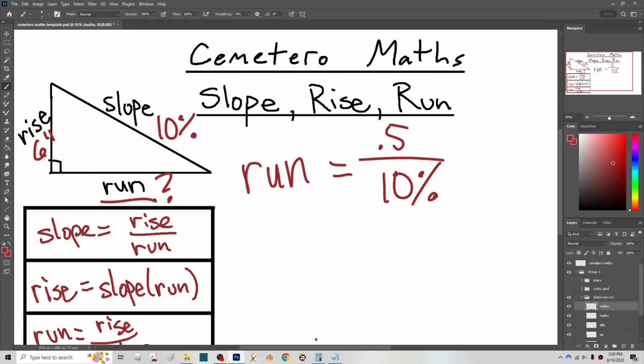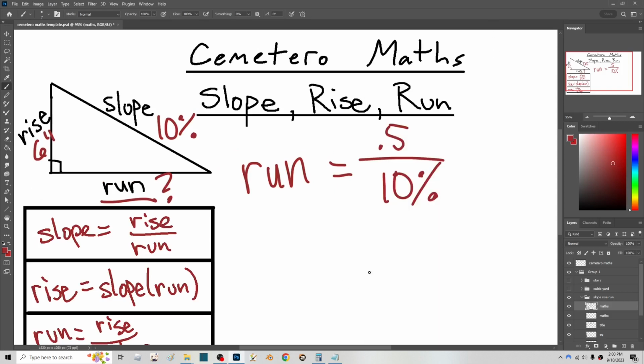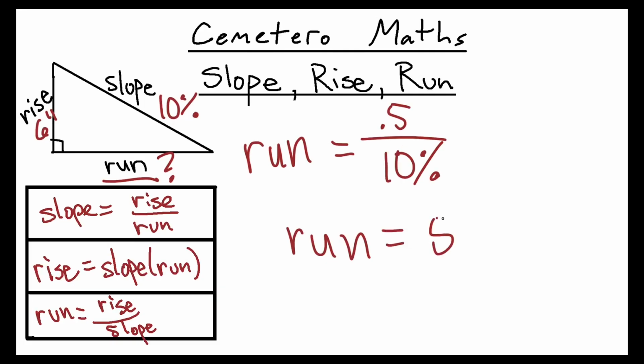Let's do this in the calculator. We have 0.5 over 10%, which gives us 5. So our run with a 6-inch rise and a 10% slope would be 5 feet. That's how we solve for the run.